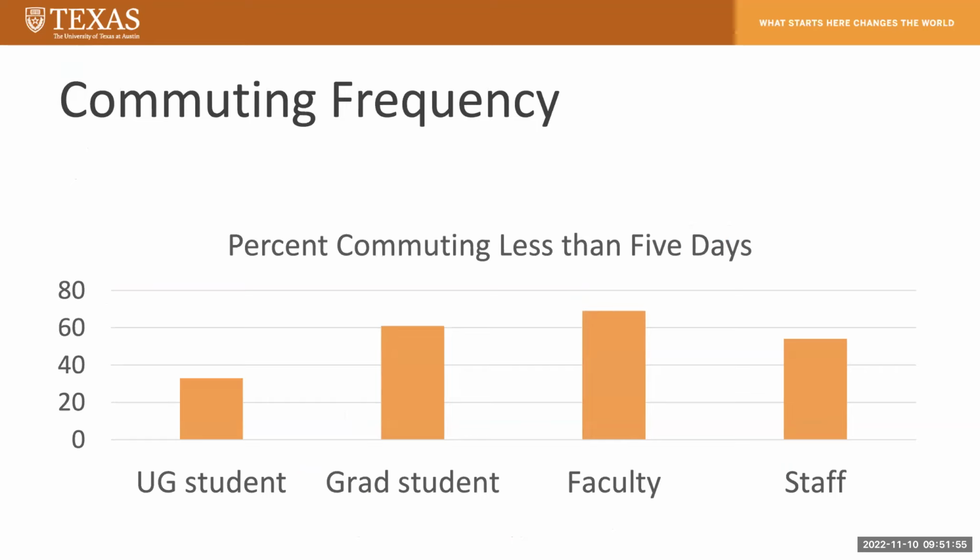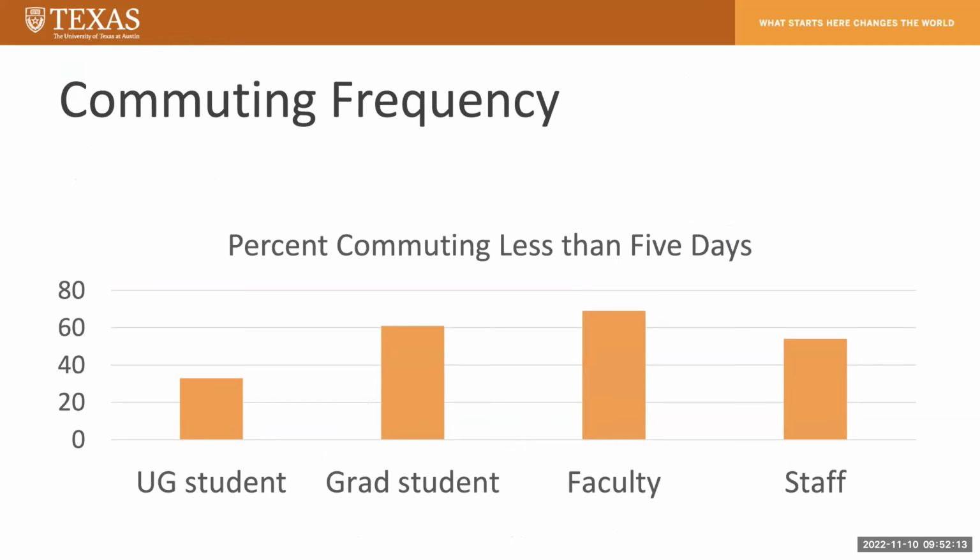Then we got into questions of how frequently do people come to campus, and this turns out to be very, very interesting. We asked people how frequently they do come to campus. And again, we did all this analysis by the 4 basic groups: undergraduate students, graduate students, faculty, and staff.